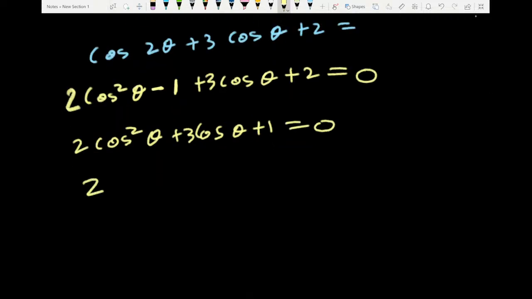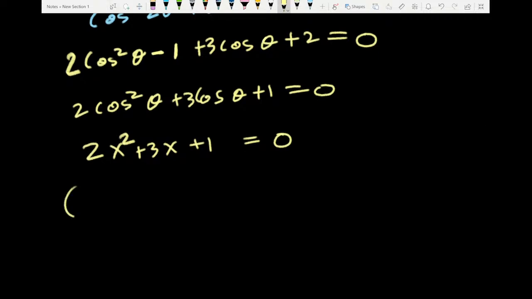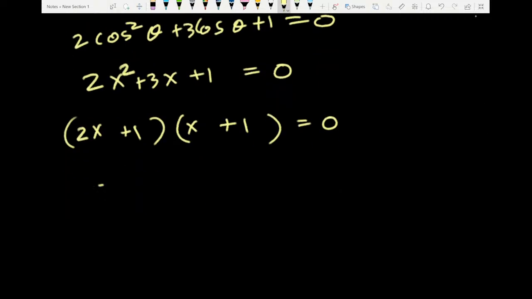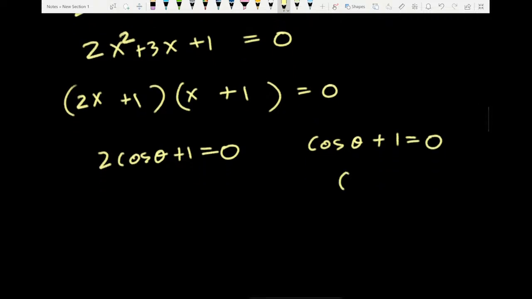Now we could factor this: 2x squared plus 3x plus 1. And we could easily factor that. 2x plus 1 equals 0. So this tells me that 2 cosine of theta plus 1 equals 0, and cosine of theta plus 1 equals 0. This one is super easy.